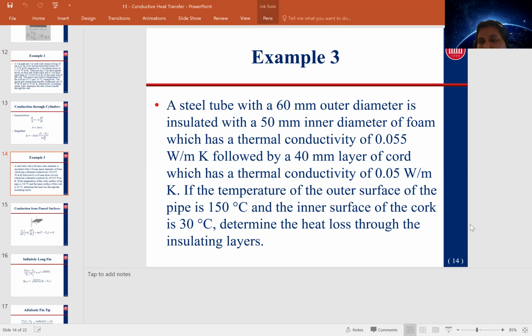So, give you guys a second to jot some of this stuff down. So the insulation is inside the steel tube? I'll draw it for you. Admittedly, this isn't written in the best way.